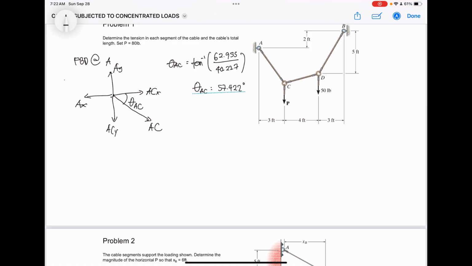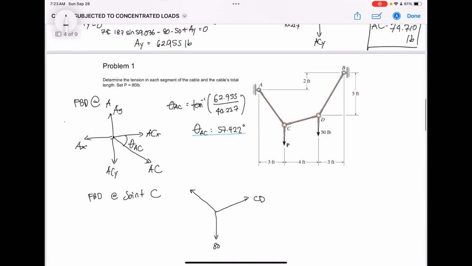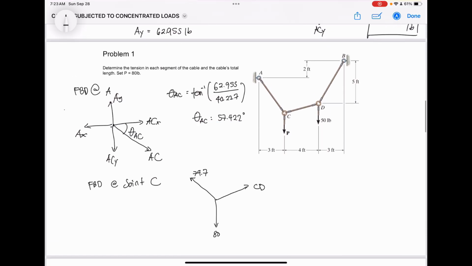Joint C. FBD at joint C. We have CD. Then we have P equals 80. Then 74.710 lb na may angle na 57.422.